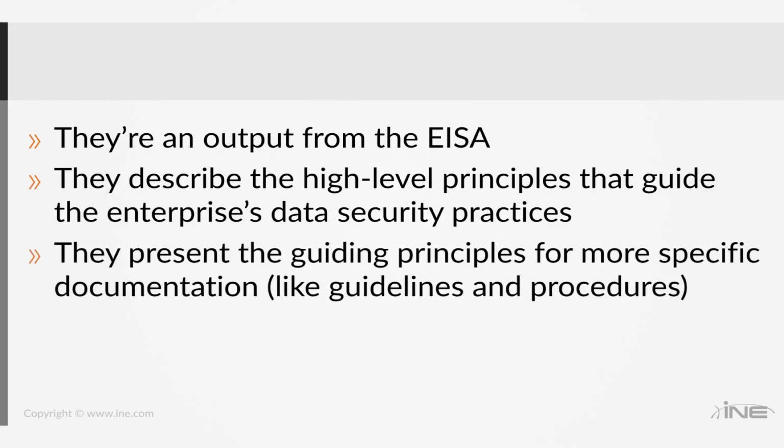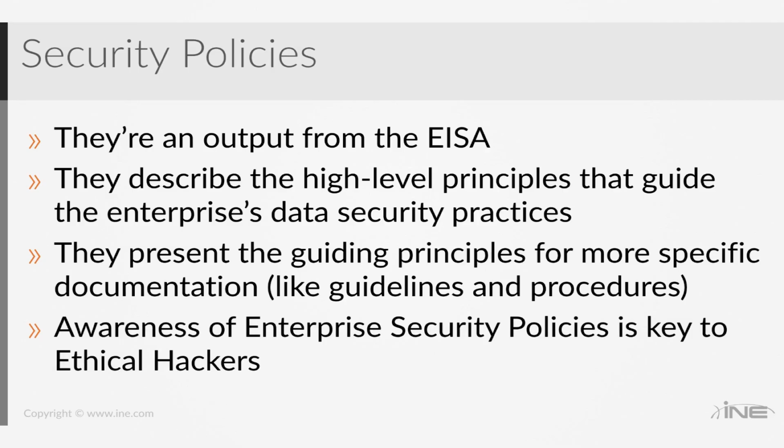And they are, again, a guiding principle to elaborate other more specific documents, like technical procedures, for example, based on the security policy. It's key for an ethical hacker to be aware of the enterprise security policies, again, because the grouping of the security policies pretty much represents the direction that upper management wants to give the company when it comes to security.